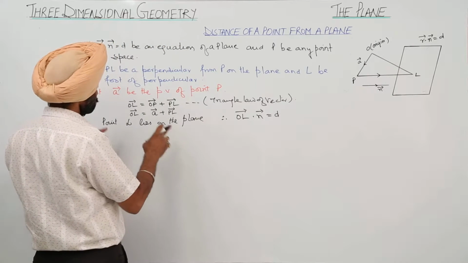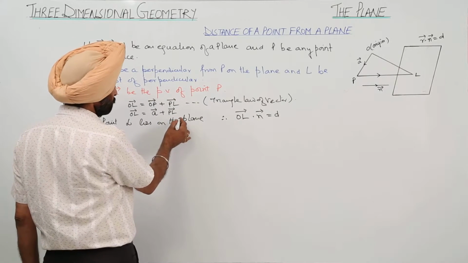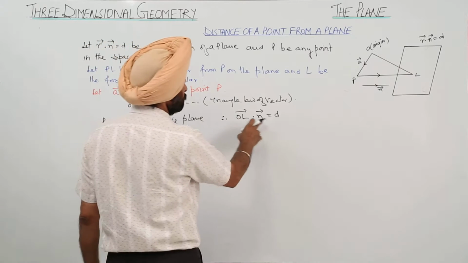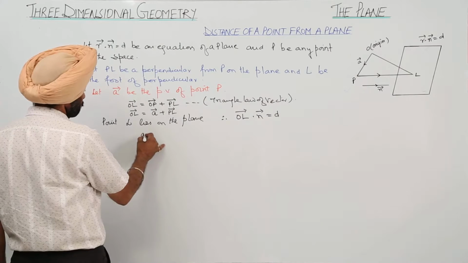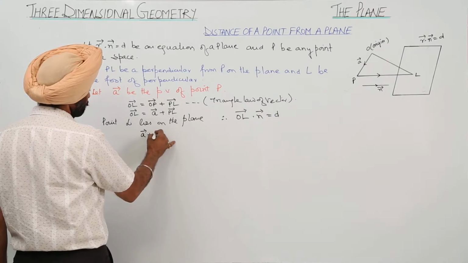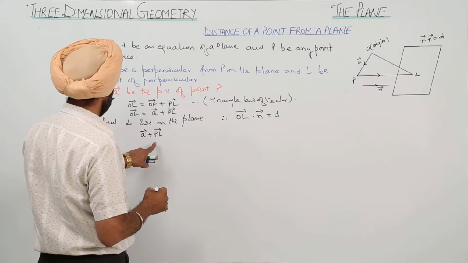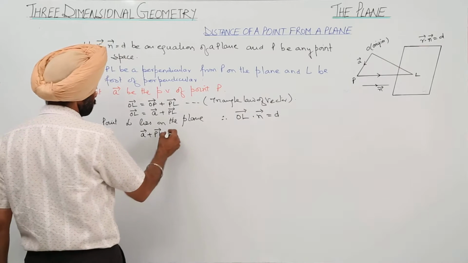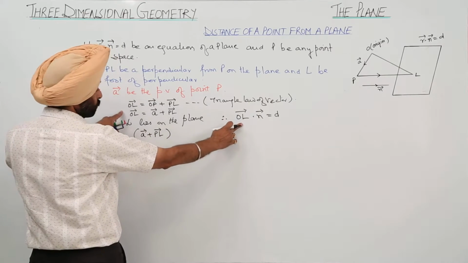Now we are having OL is equal to vector A plus vector PL and OL dot vector n is equal to D. Therefore, now vector A plus vector PL, this is OL.